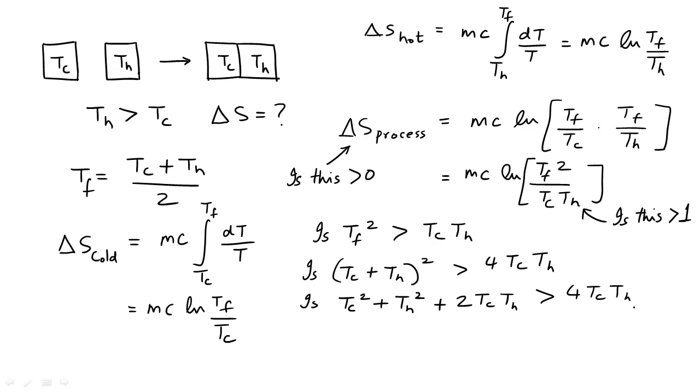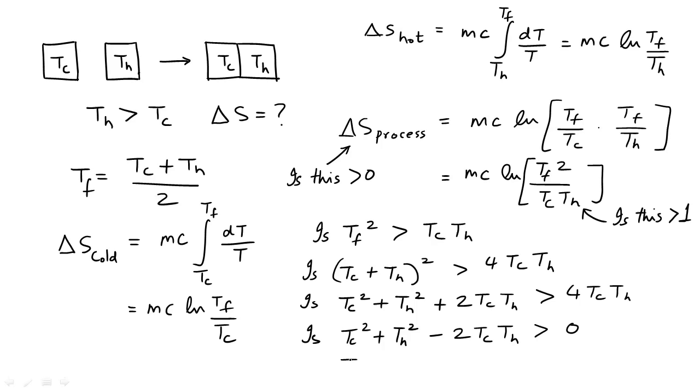Now let us take this term on the right hand side to the left. So we get Tc squared plus Th squared minus 2 times Tc Th, and we want to know whether this is greater than 0, and we see that this is a perfect square.